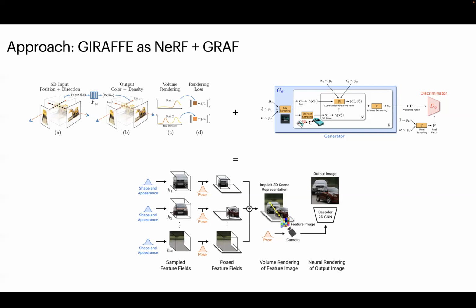So here, in the sample feature fields in the downside of GIRAFFE, I think one novelty is that they are not giving a lot of samples together and generating photos. Instead, they give one single photo a chance to go through the pose feature fields and finally generate a volume rendering of feature images. They also separated the object and the background.